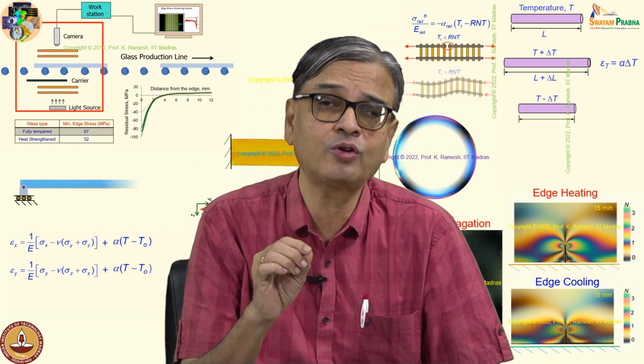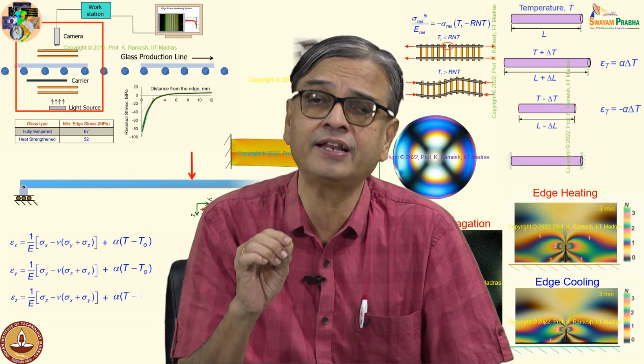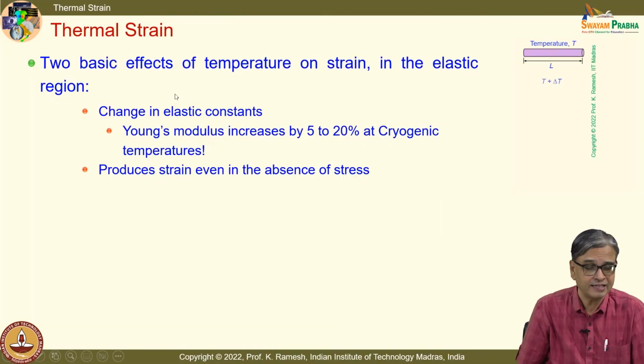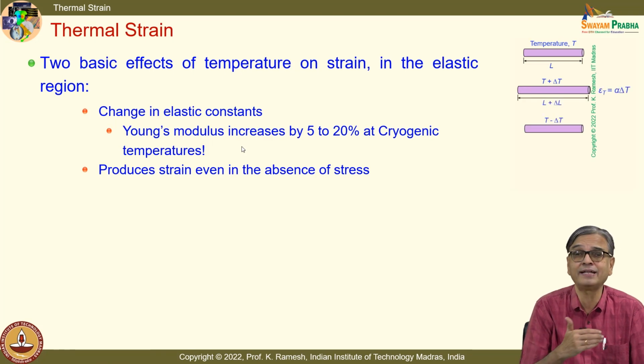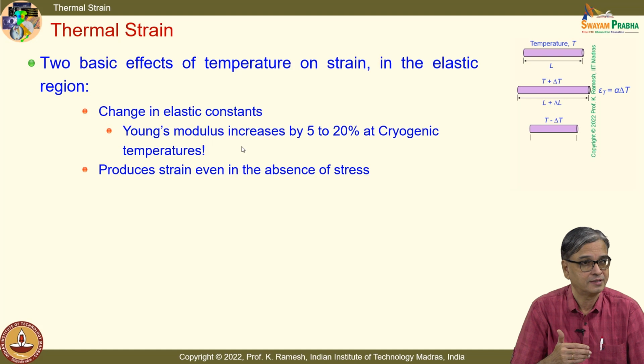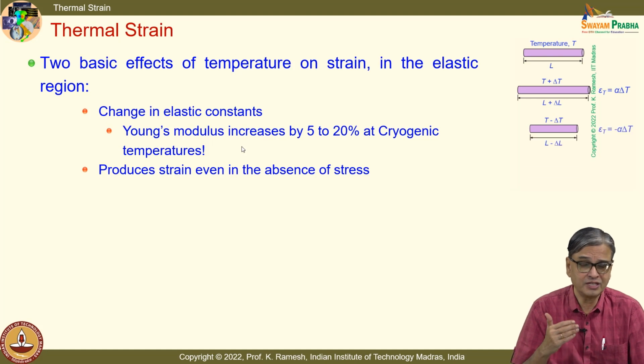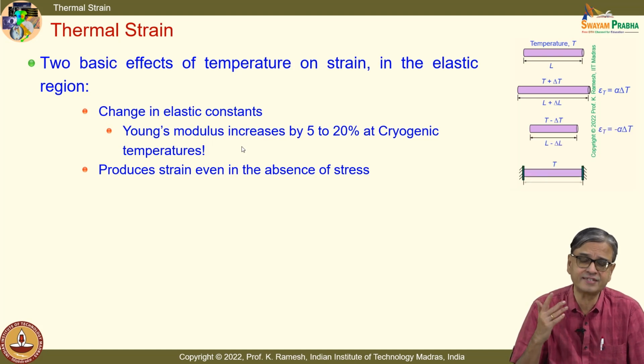So, when you measure the strain, you will have to recognize that Young's modulus is higher. So, the stress levels introduced are much higher than what you normally anticipate. This you have to consider when you go to extreme environments.